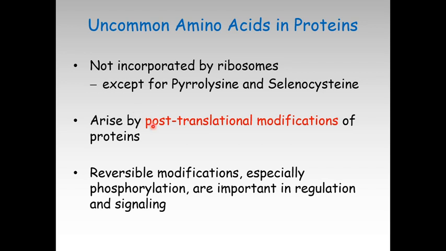Now, the way these uncommon amino acids get attached to proteins is by a process named post-translational modification. Proteins, after they get translated by ribosomes, get acted upon by specific enzymes that modify these amino acids, and hence the name post-translational modification of proteins.